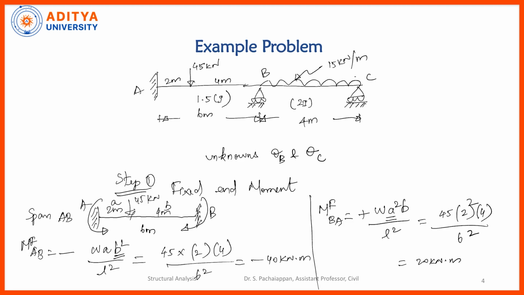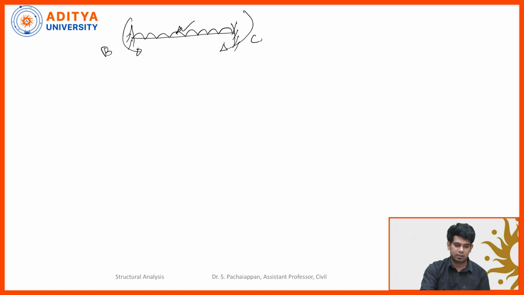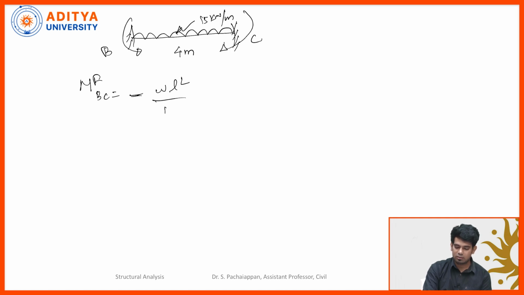In a similar way we are going to calculate the fixed end moments for the span BC. Quickly we take the span BC. We are considering it as fixed and marking the moment directions, and span BC has a UDL over the entire span. The intensity of the UDL is 15 kilonewton per meter and the span is 4 meters. So I am going to calculate MFBC equal to minus WL square by 12. Let's substitute the values.